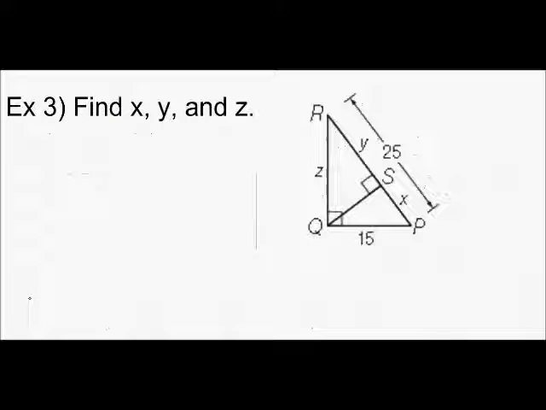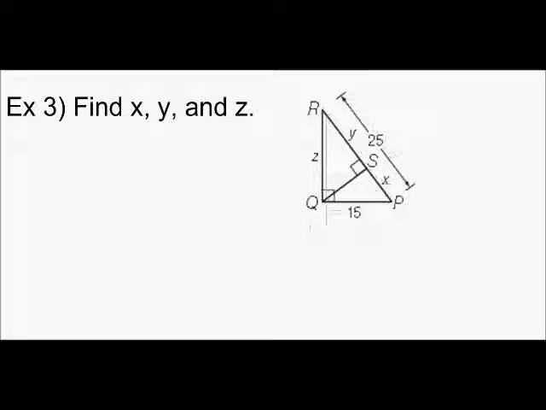Okay. Example 3, we want to find x, y, and z, and we're going to use geometric mean in order to do this. Okay, so let me start off. We're going to find x first, and I'm going to highlight the small triangle that x is on. You can see that better. Okay, and you can see that x and the big triangle share this side of 15. So let me set up that proportion.